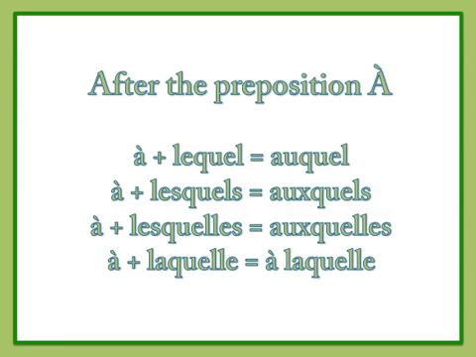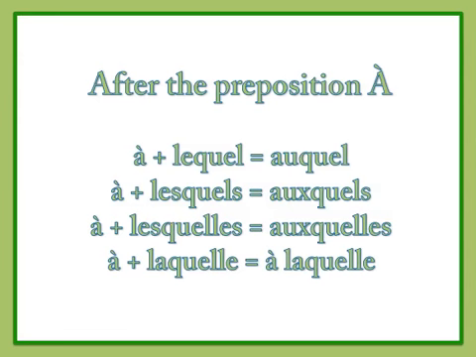When using lequel, you need to remember a few things, and especially which verbs are followed by à and de, okay? Which verbs, which expressions. After the preposition à, you need to make a contraction with lequel, and here's what it looks like. If you have à plus lequel, you get auquel, because à plus le make au.